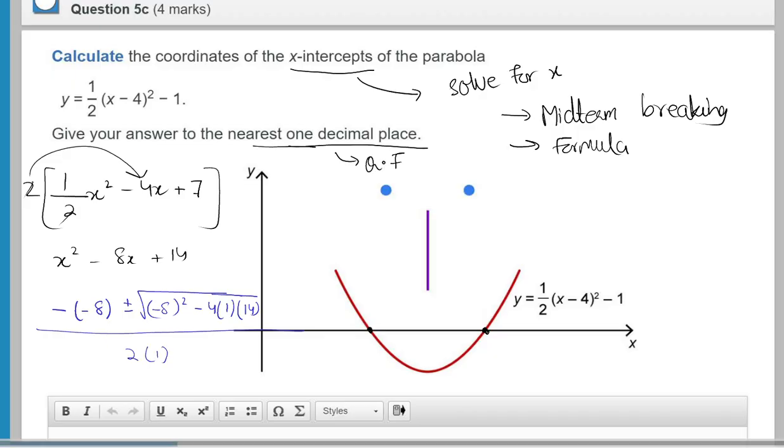So if you were to solve this equation, first do it with plus and the next time do it with minus. So what answers are we getting?